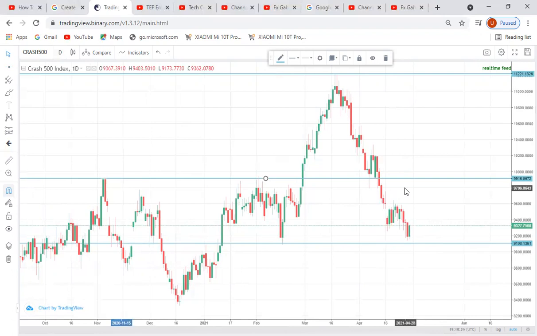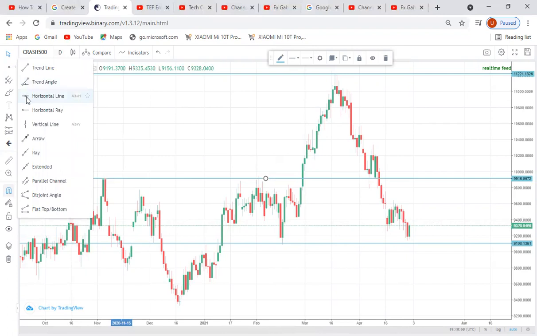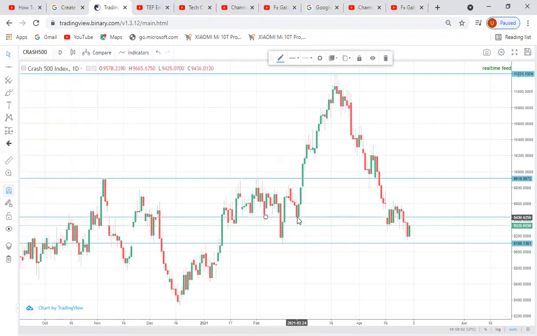If we do some analysis, since I'm on the daily time frame, I believe since price went below this level, possibly the market will need to struggle to break out of here, because we're watching this move.